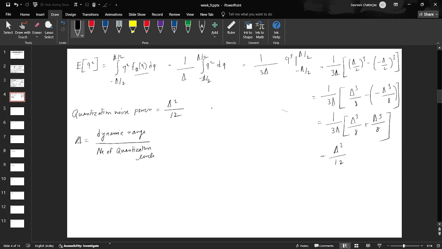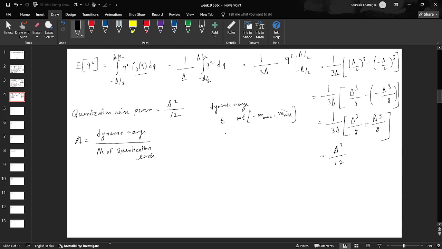So your dynamic range here, if we denote it as t, so your message belongs to this interval minus m max to m max.